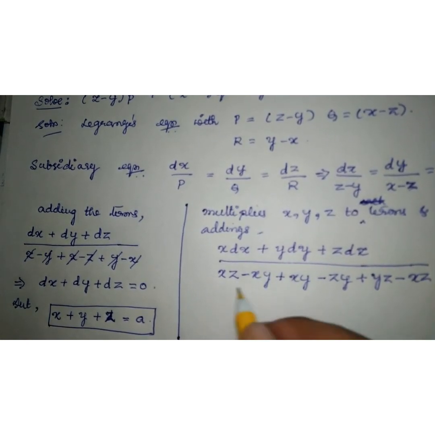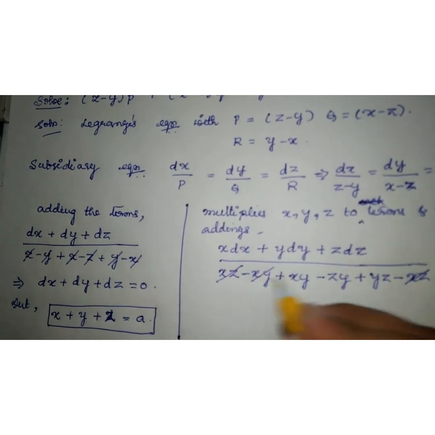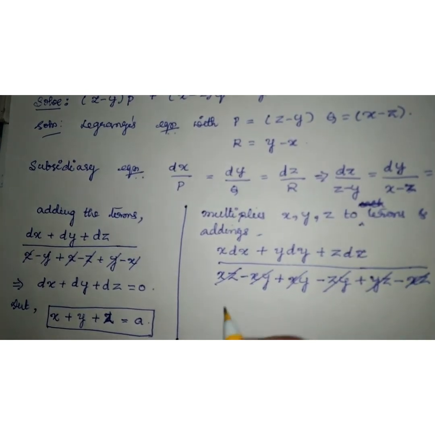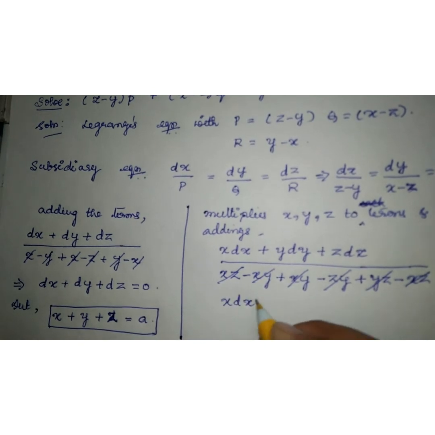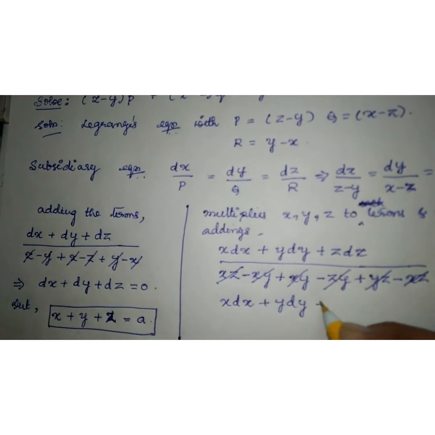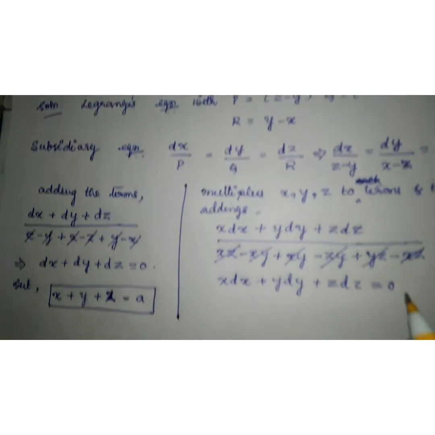You can see that xz cancels, xy cancels, zy cancels. Here you get x dx plus y dy plus z dz equal to 0.